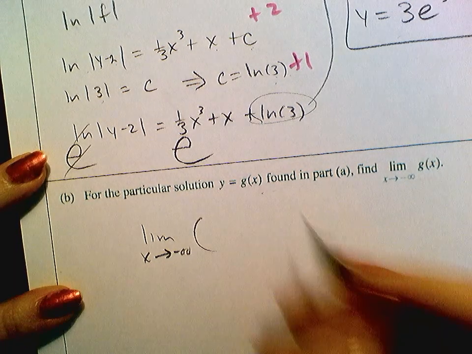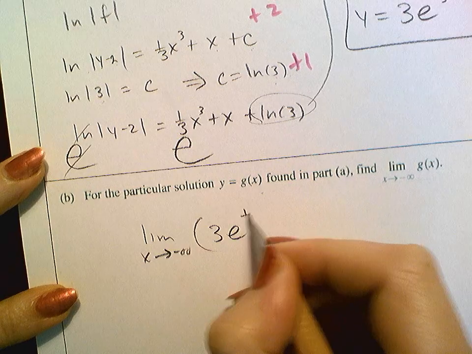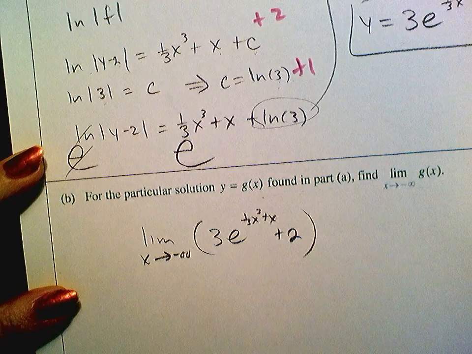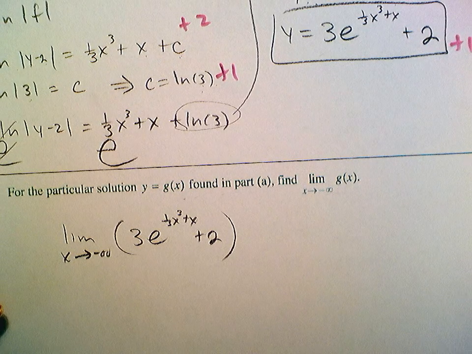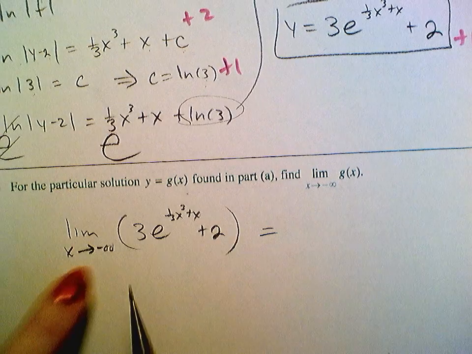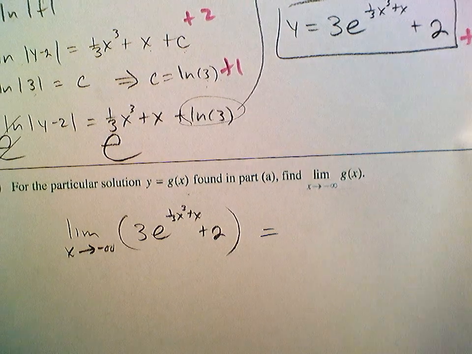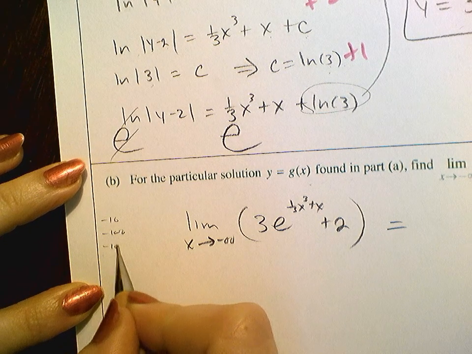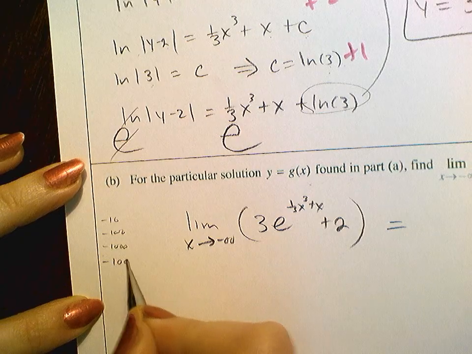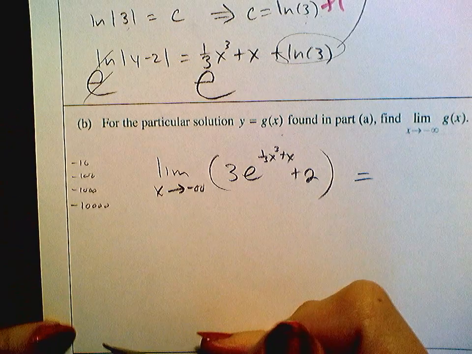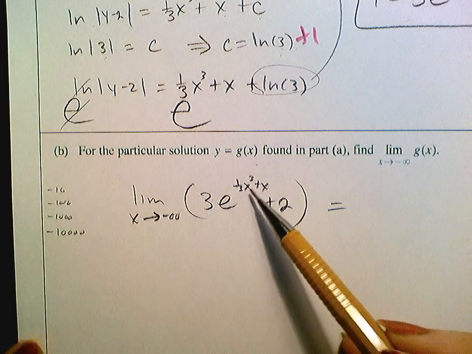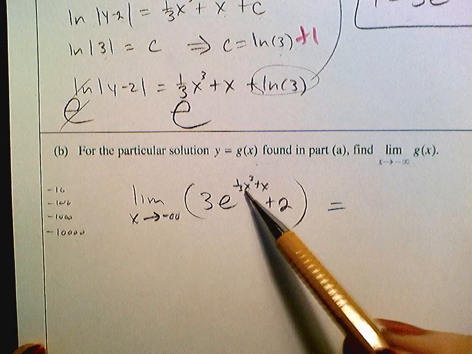And this is 3e to the 1/3 x to the 3rd plus x plus 2, okay? And now you're plugging in negative infinity. So you think of like -10, -100, -1,000, -10,000, like -1,000,000, -1 billion. So you're plugging in all of these negative numbers in here.